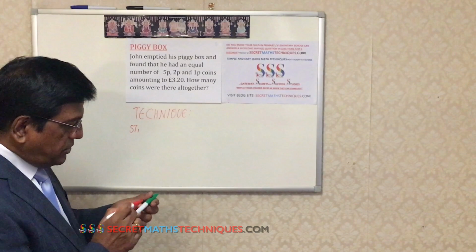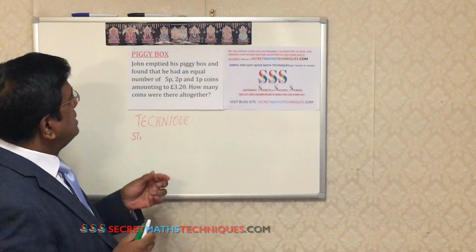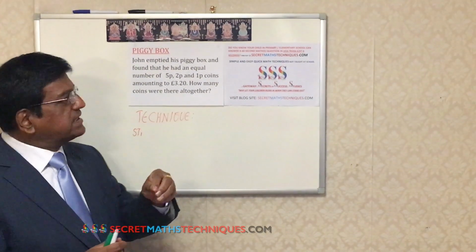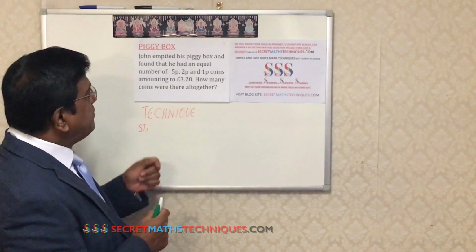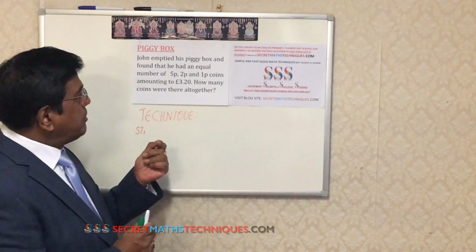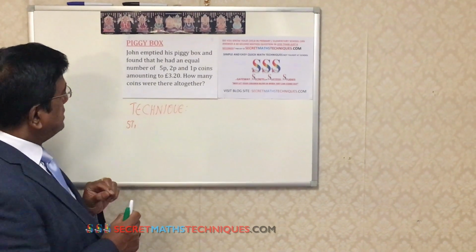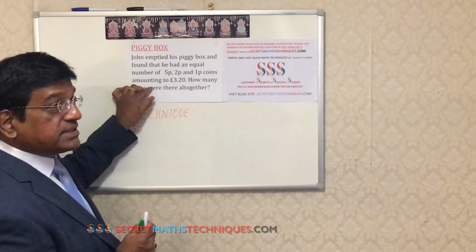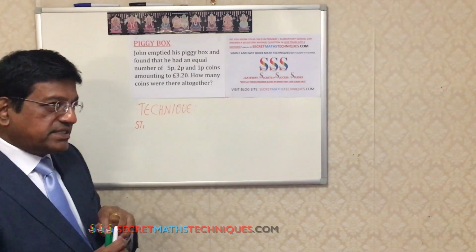So let's look at the question and realize what is involved. The question says, John emptied his piggy box or piggy bank and found that he had an equal number of 5p, 5 pence, 2p, 2 pence coins, and 1p coins, a penny, amounting to a total of £3.20.